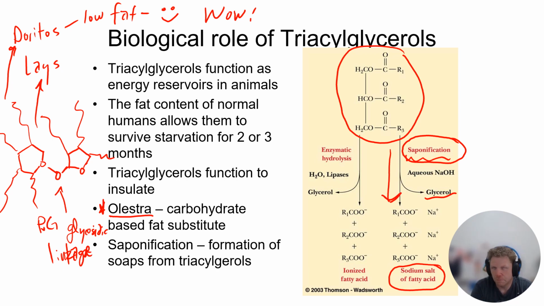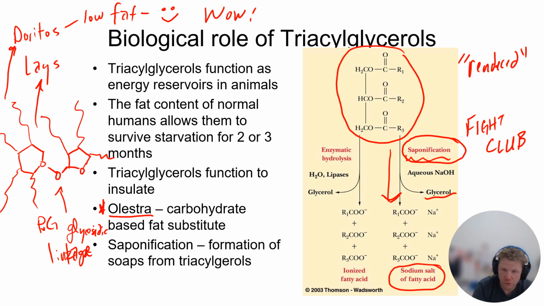This is also a key plot element in the movie and the book Fight Club, where they took fats and rendered them so that they could make soap. So it's the process of making soap, which I've always thought, saponification, looks like somebody just misspelled soapification. Saponification is the process where you take triacylglycerols and make these sodium salts of fatty acids.